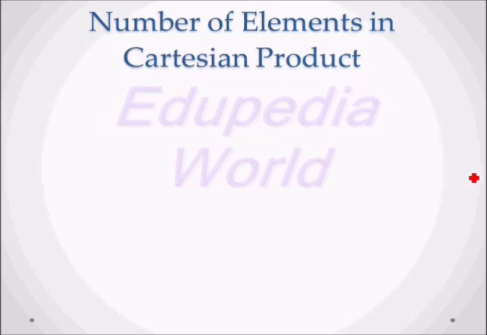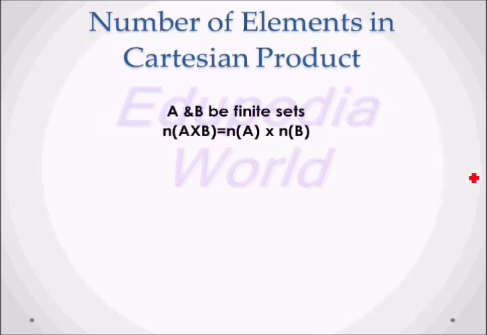Now let us find the number of elements in a Cartesian product. If A and B are two finite sets, then the number of elements in A cross B is equal to the number of elements in A multiplied by the number of elements in B. That is, n(A cross B) equals n(A) into n(B). So let's take an example and prove the same.